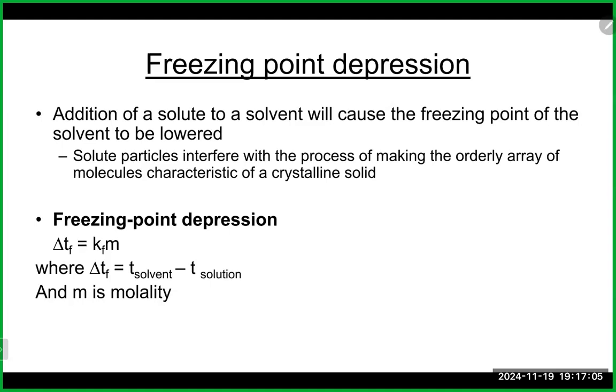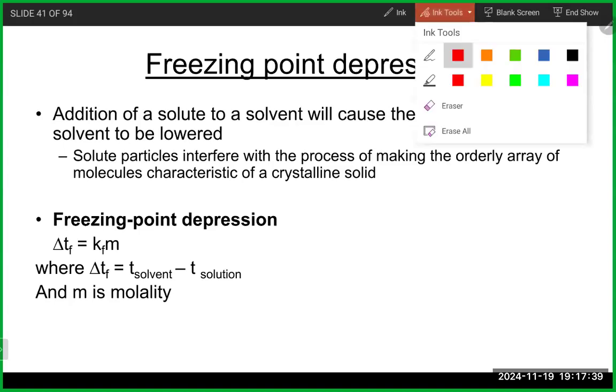So where a solvent by itself with nothing dissolved in it would freeze, for example, water at 0 degrees Celsius, if you dissolve some salt in it, like sodium chloride or rock salt, the presence of those particles gets in the way of the natural process of the water molecules coming together to freeze. It's going to take a lot more energy being removed for that to occur, and you're actually going to lower the freezing point of that solution where you have the solute dissolved in it.